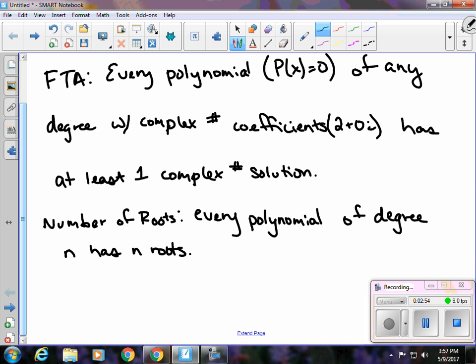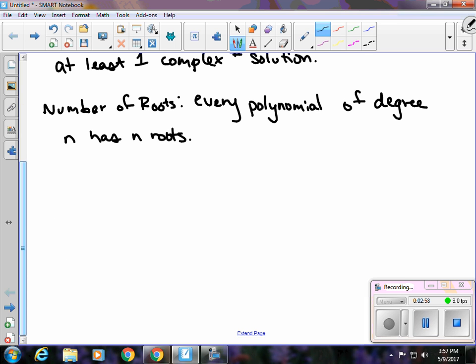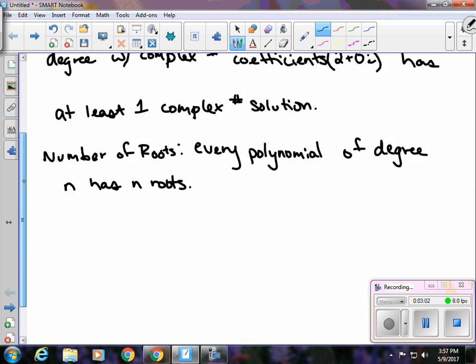Again, some of those could be imaginary, some of those could not. Another vocab word is multiplicity. We'll talk about that in a little bit.